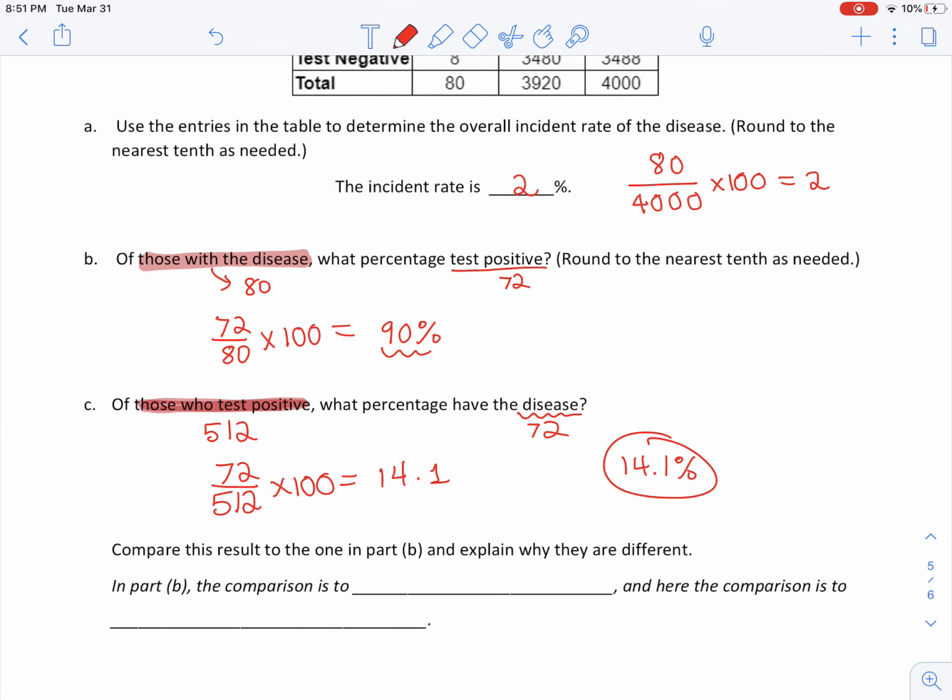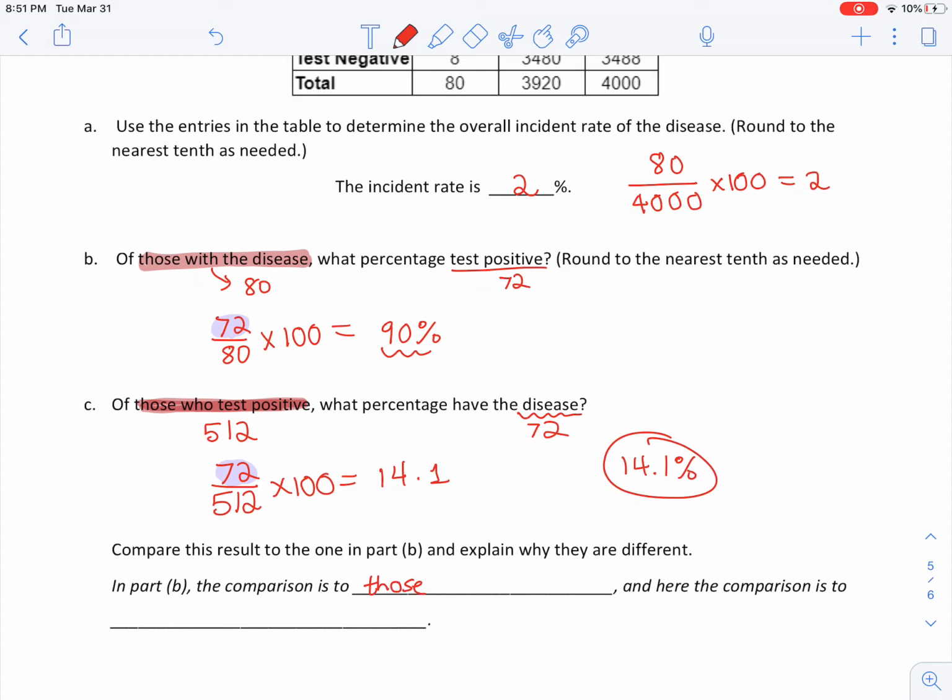Compare this result to the one in part B. So B and C, let's compare these two numbers and explain why they are different. Well, in part B, I think they're asking these questions because both B and C used the number 72 for their numerator. But notice their denominators were different.